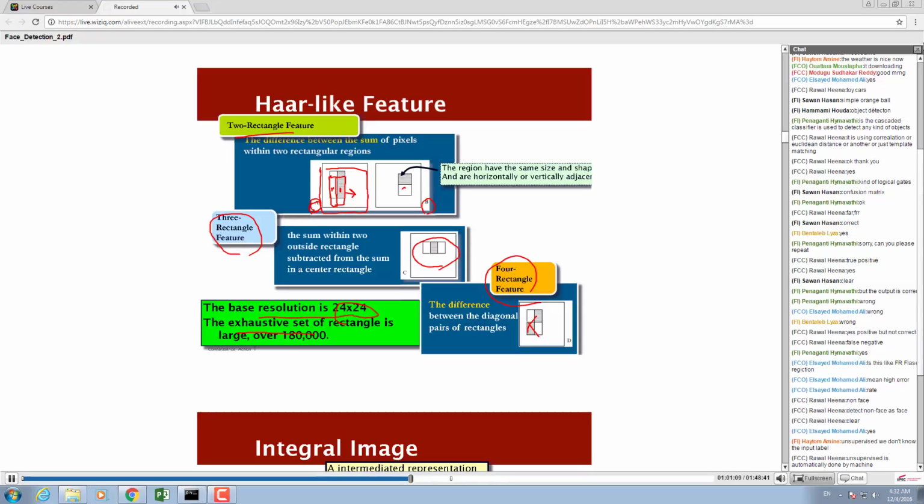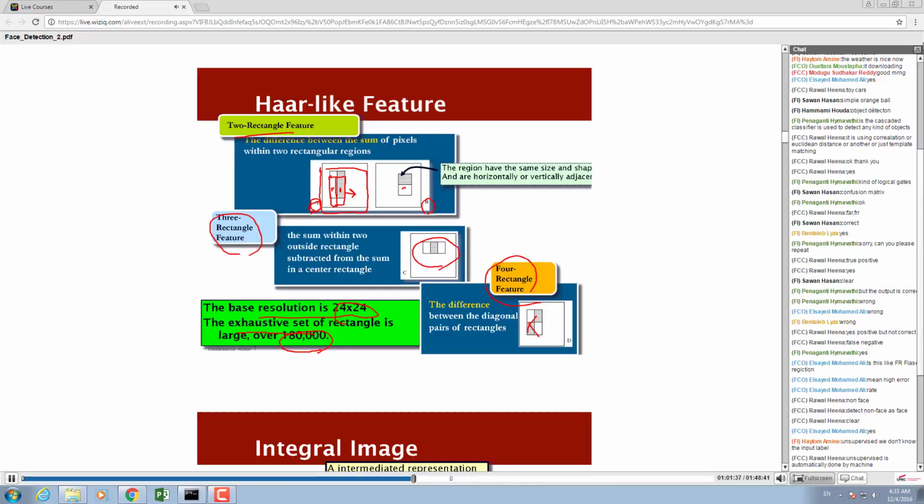So considering 24, then the exhaustive set of rectangles. Here, the exhaustive set means it is a combination of different category, different size, different position, different direction. All combinations can generate over 180,000 different features.